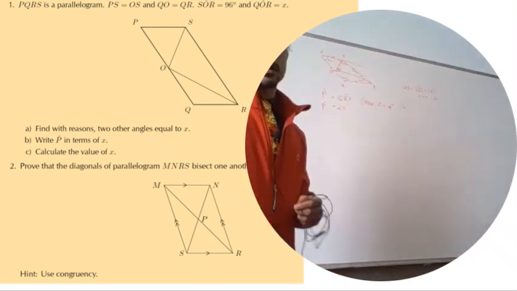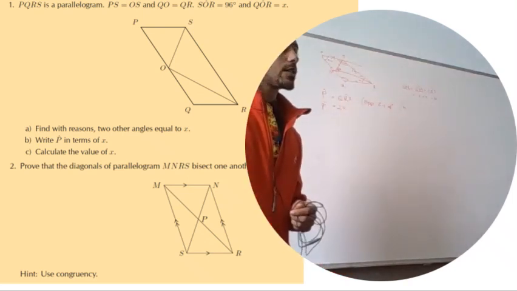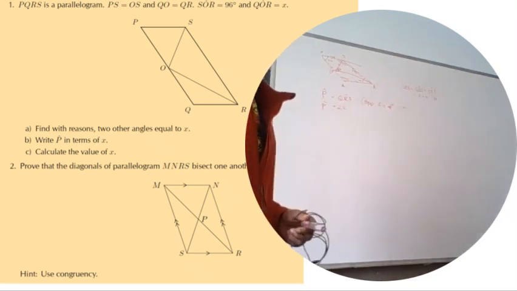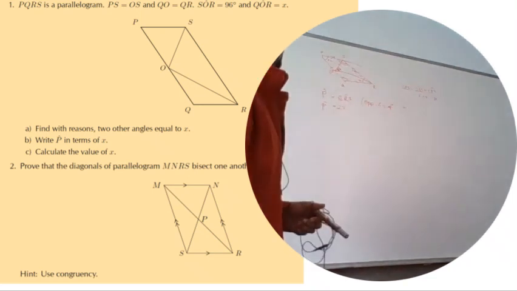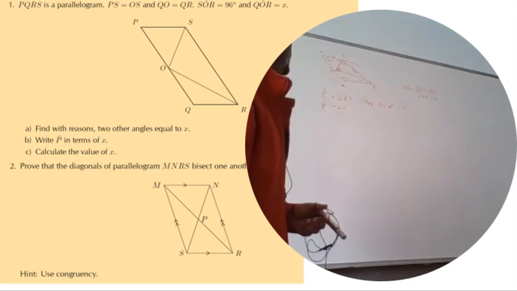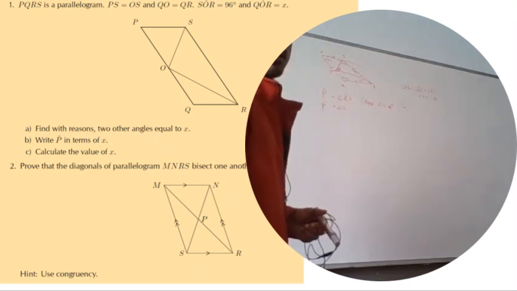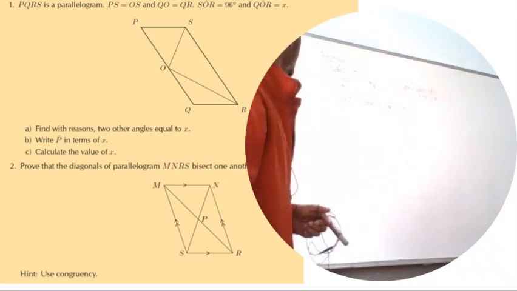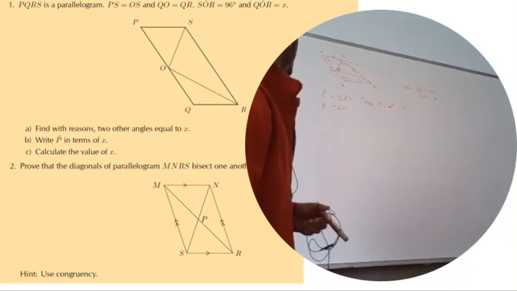No, not an equilateral triangle. Isosceles triangle. Did we have that? Alright. So that means if 2x, angle QOR.